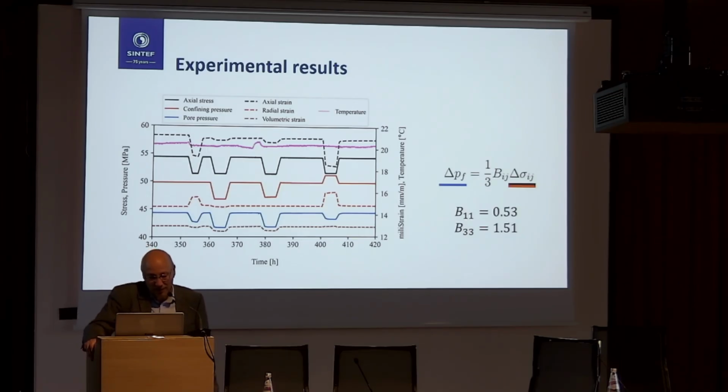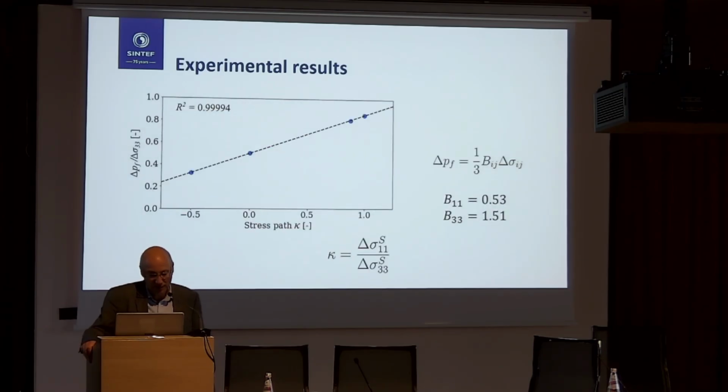But that aside, what we do here is determine two of these Skempton coefficients. So it's not completely wild and random. We can determine two of the coefficients and then populate the others that we want.